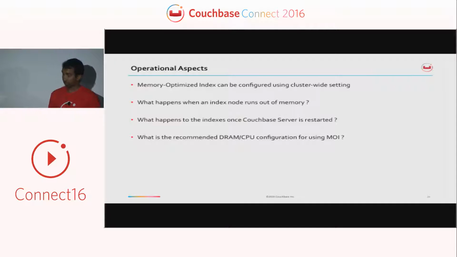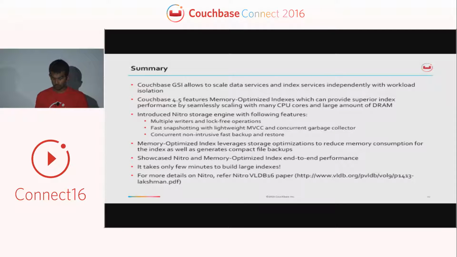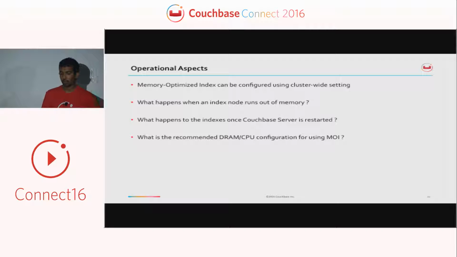So now let's take an overview of operational aspects. The question is how to configure memory optimized index. Whenever you set up your cluster, you have two options: either you can choose standard index or memory optimized index. And another question is what happens when you run out of memory? Ideally you should provision it correctly according to the capacity planning spreadsheet.